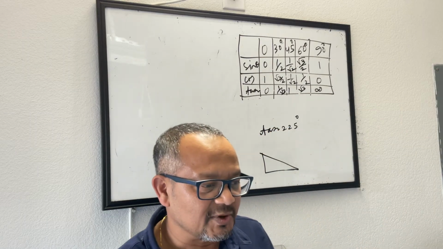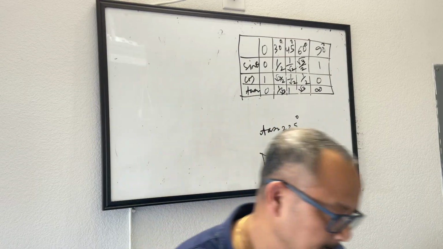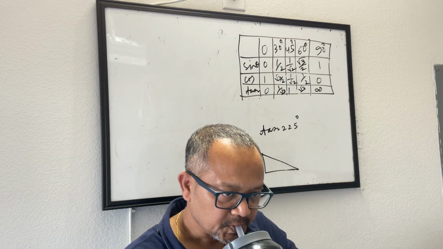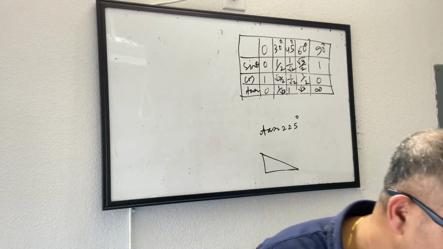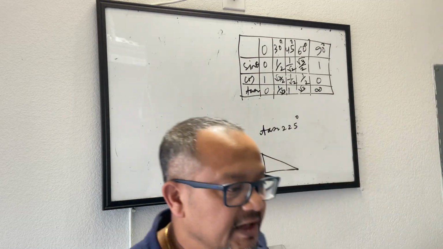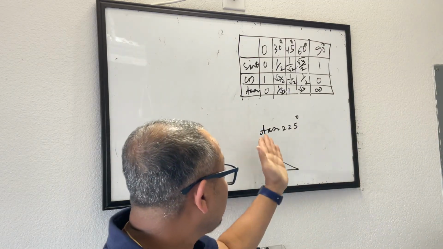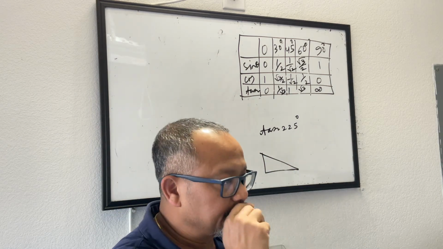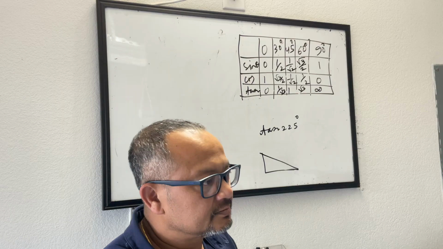We have 4 minutes to go. Everybody heard the question, right? We are trying to find out the value of tan 225 degrees. So you just use the unit circle.